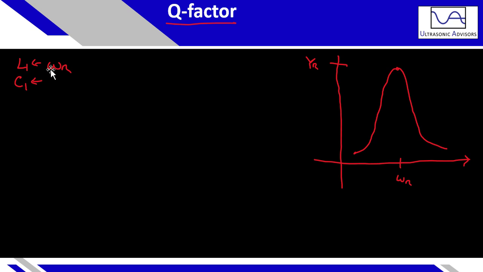Now, we can calculate the energy dissipation in an oscillator by calculating its quality factor. And the quality factor basically describes how sharp this resonant peak is. This can also be looked at as a decay factor.